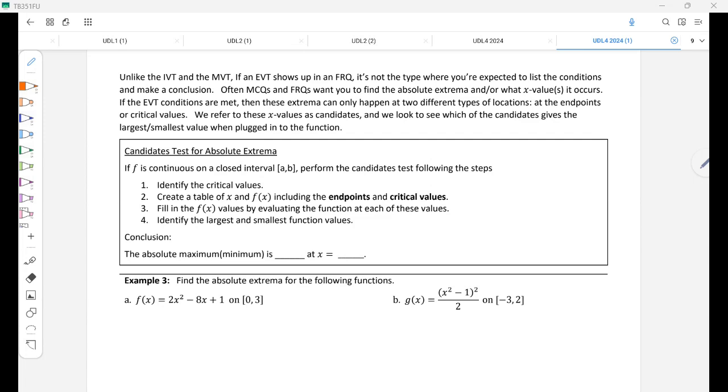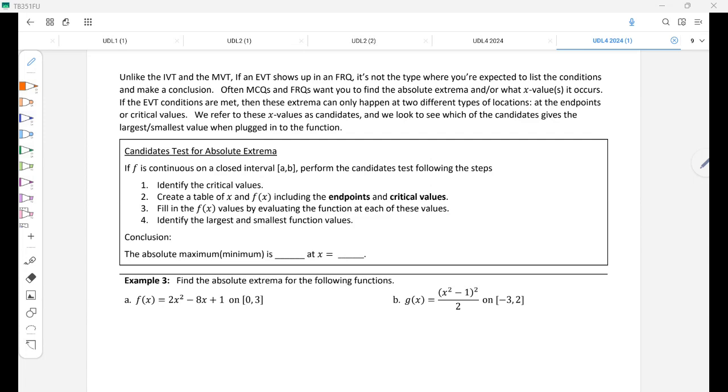So what we do, we actually have a separate thing. This is the main thing. When we're reviewing at the end of the year, I probably won't say, oh, this is a candidates test question. I'll say it's an EVT question. Basically, there's only two different types of spots where you can hit a max or a min: either where you have a relative max or min, or maybe it's just one of the endpoints.